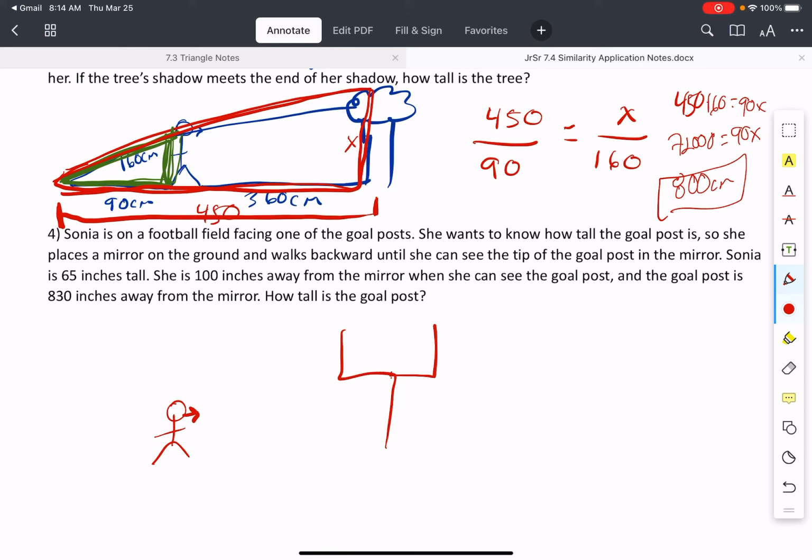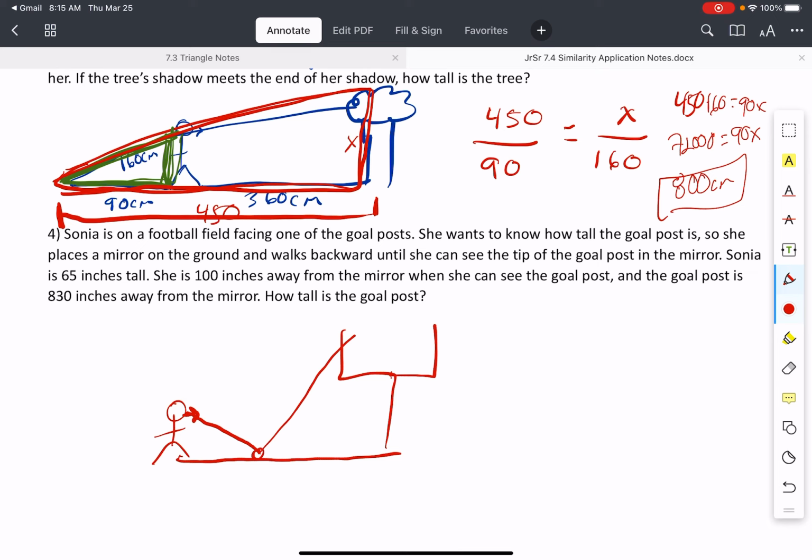So here's her little mirror. Until she can see the tip of the goalpost in the mirror. So if she's looking at the mirror, she's looking down this way, right? And then the goalpost is reflecting this way, so this one's going to look like this.